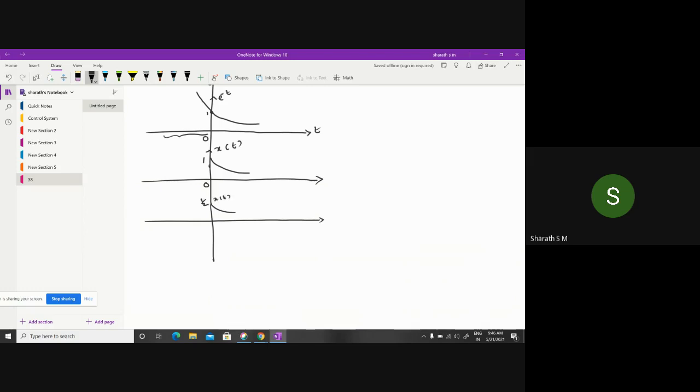Half into x of minus t, what does that mean? What happens? The signal will be in the negative axis. So this is half into x of minus t. Add these two and subtract them, that's all. You will get the even signal as well as the odd signal. What do we get when we add?